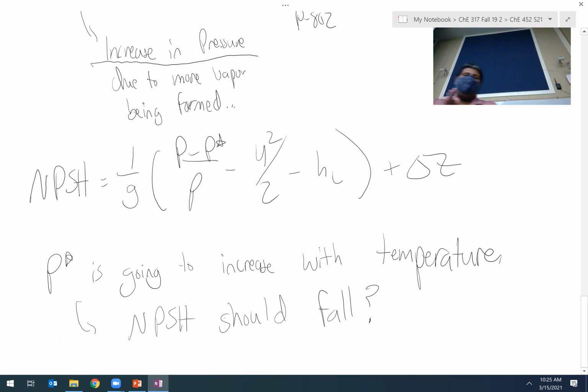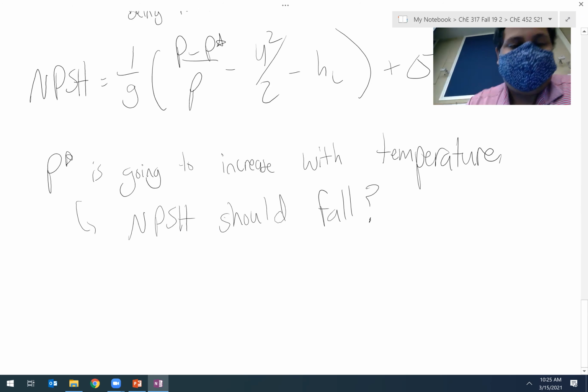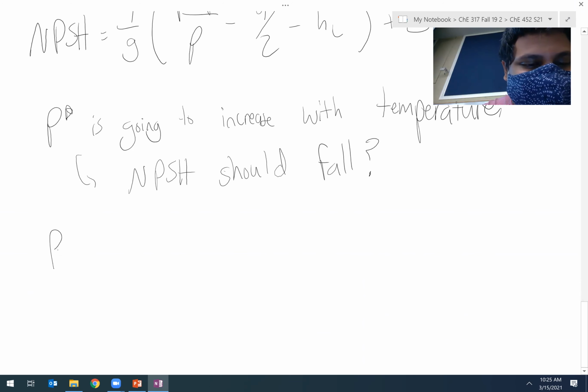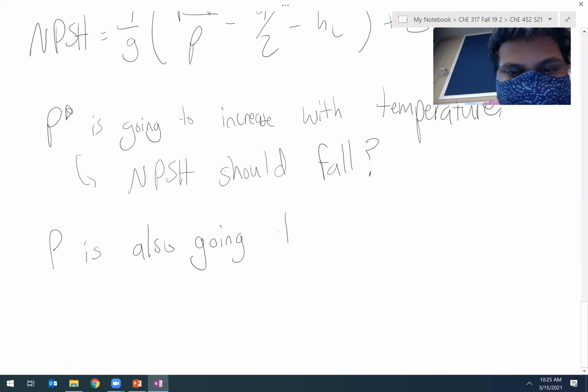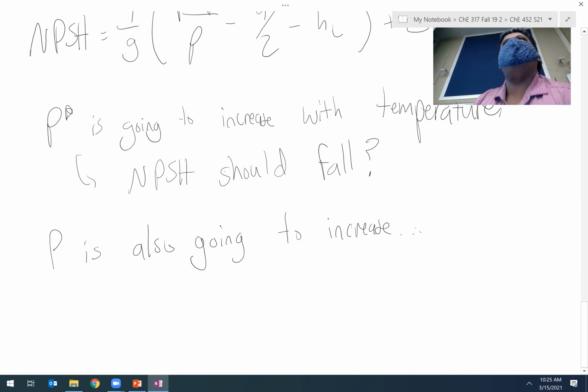Well, what it means is P is also going to increase, and it's going to increase to the same extent. If I have a tank and it's at saturation, P will always be at P star.